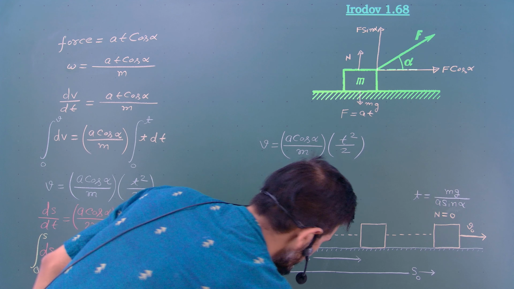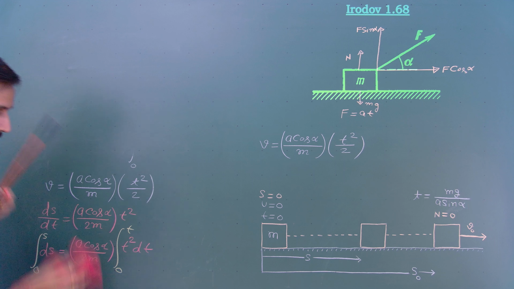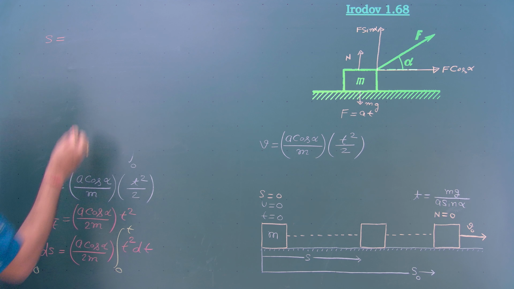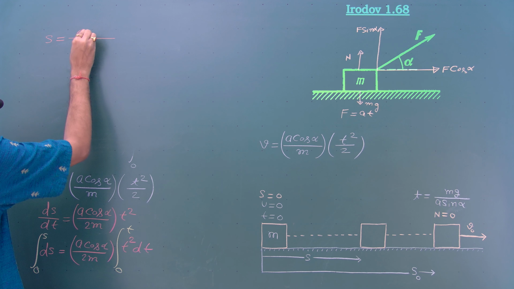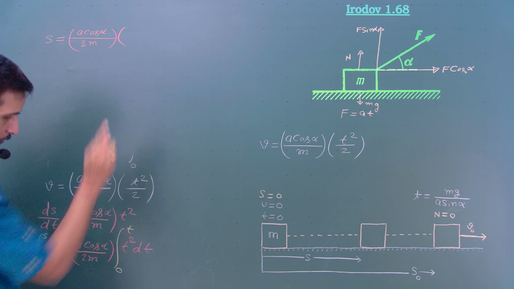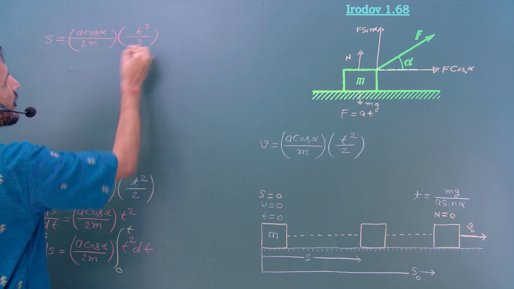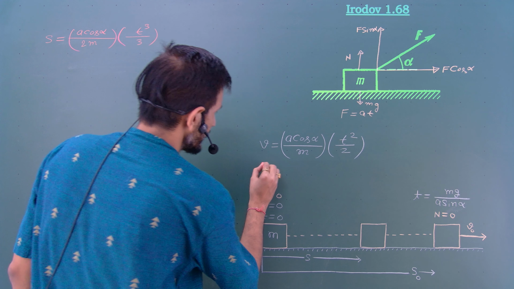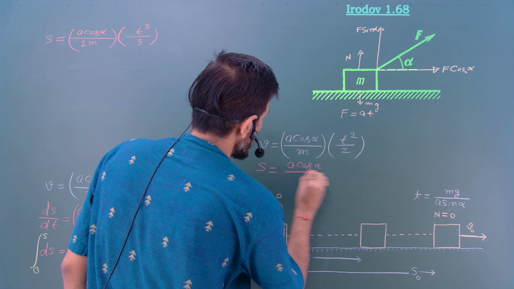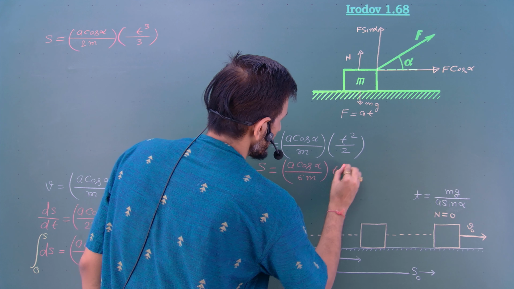So after integrating, I got the equation of displacement. s equal to A cos alpha divided by 2m into integration of t square, which is t to the power 3 divided by 3. So s should be equal to A cos alpha divided by 6m into t to the power 3.